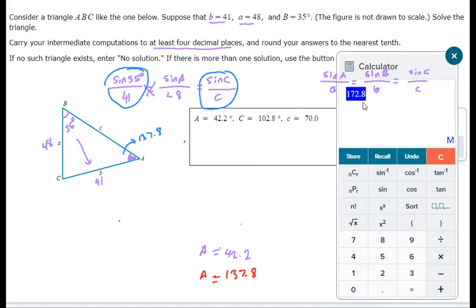Okay, so 172.8. If you subtract this from 180, that will be angle C, which is like 6.2, I guess, which you can easily subtract. So that means angle C is 6.2, right?